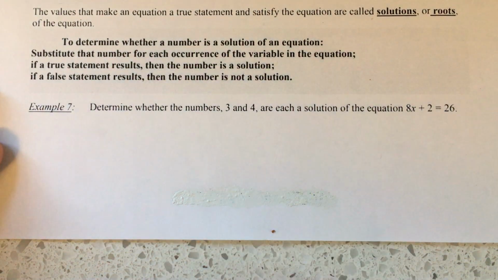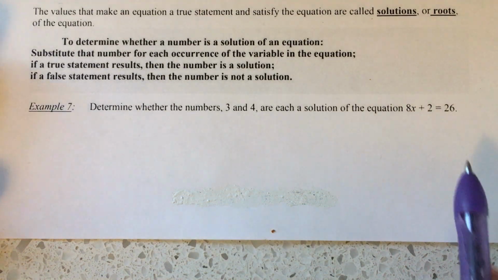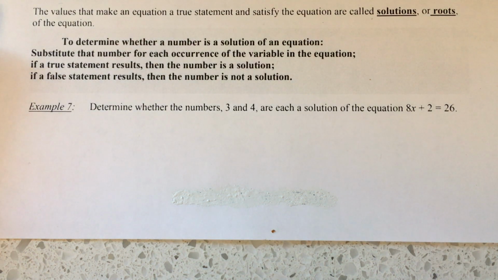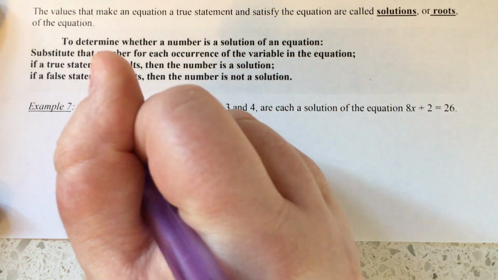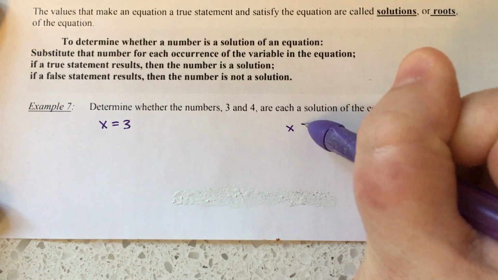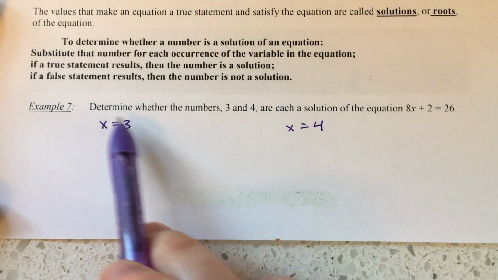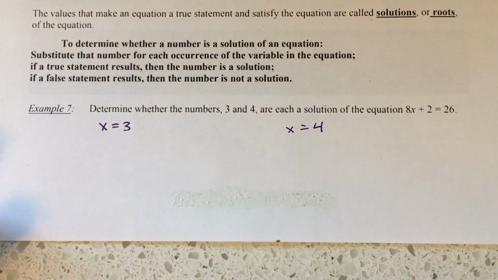So let's try it. Determine whether the numbers 3 and 4 are each a solution of the equation. Sometimes one piece of confusion is that there's really two different things going on. They want us to do two different problems, one for x equals 3 and one for x equals 4. They're phrasing it in a way where they're talking about both in one, but we can only let the variable equal one number at a time.